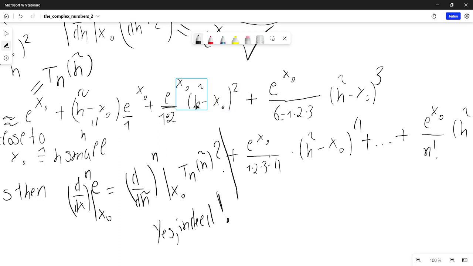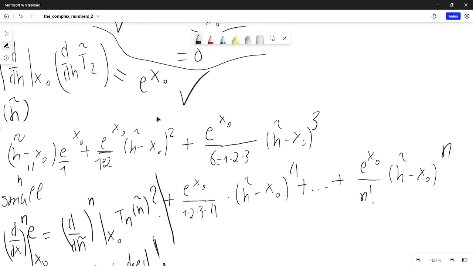So by the second derivative, already this h disappears because it became linear, right? And there remains only constant, right? And also this nicely is compatible with this 1 multiplied by 2. There remains 1. And after the second derivative, there remains only this constant, which is exactly the derivative at x0 of the function e, right?